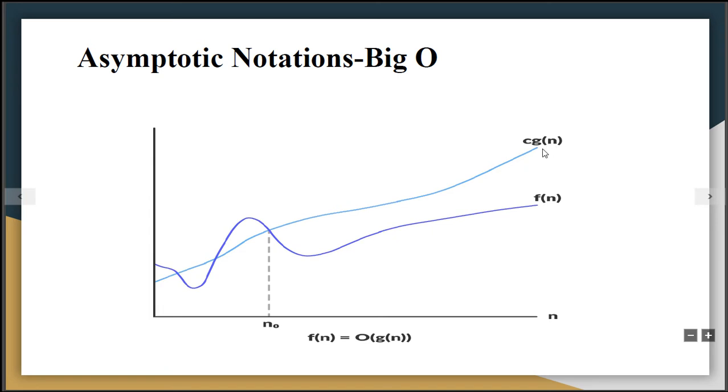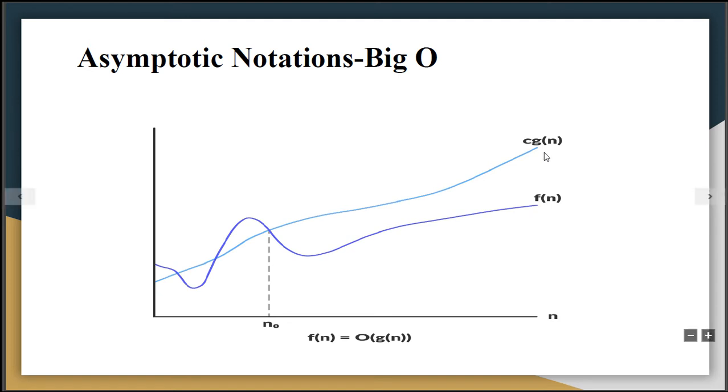So that will be g of n. But what will be the C? C will depend on the current test case. That means what type of elements a user is going to supply to that algorithm. So that is completely unpredictable. That's why C is kept as a constant along with the average cost analysis. And f of n will be the behavior of that algorithm at runtime.